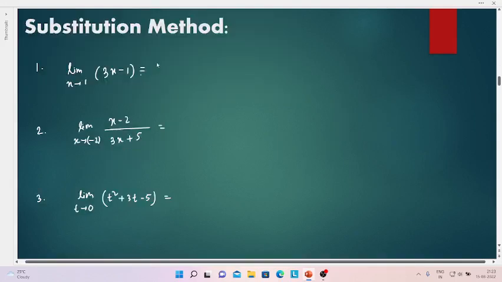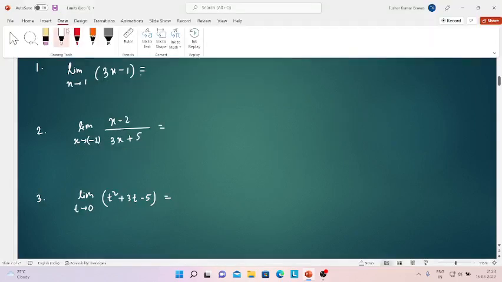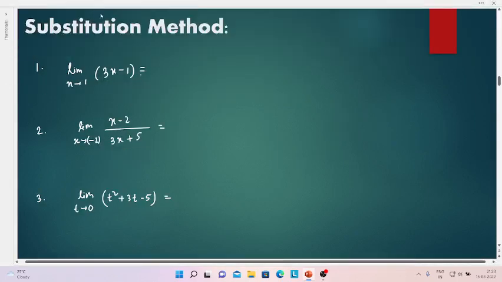Right, so let's move to some methods. In this particular lecture, we'll learn about at least three methods, which will be in the next slide. But this is the first method.